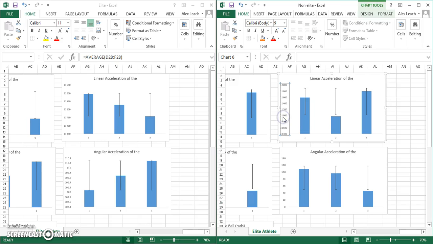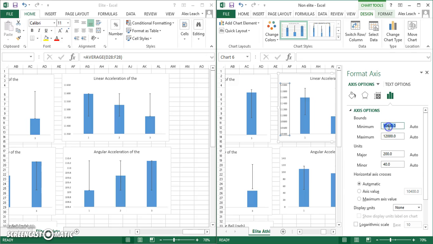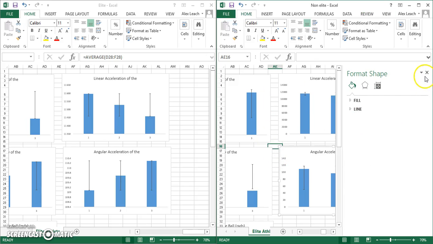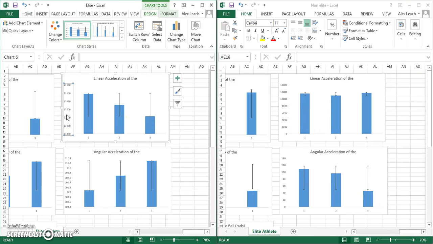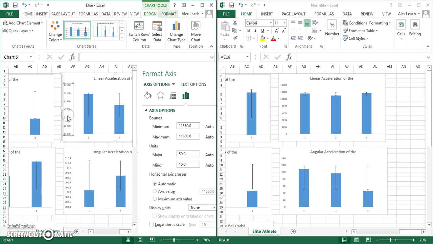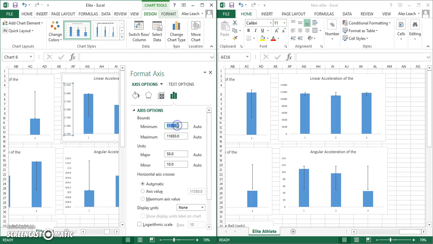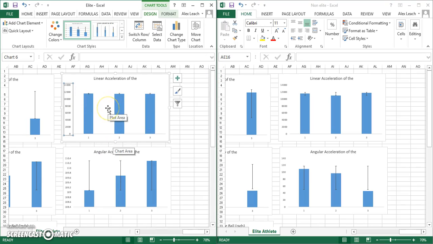So we click on that, give it a double click, this comes up, put minimum of 0 and come back, and it gives you then the true value. We come here, click on this, and like the other one, give it a double click, and then you want 0 again. And once you set the 0, it sets all your bars together.